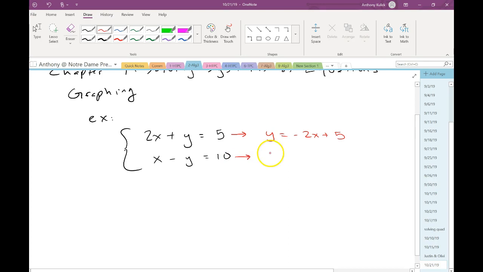And in the second equation, I'll subtract x from both sides, and then also divide by -1. And then to graph each of these, I'm going to make an XY table.